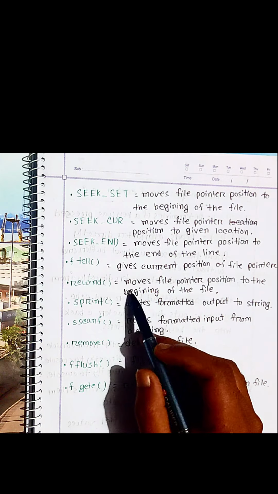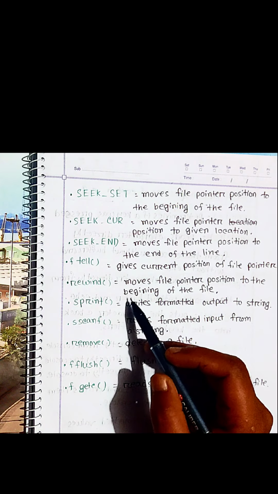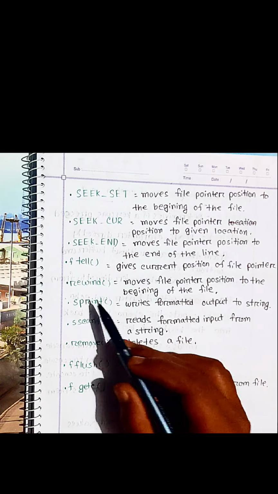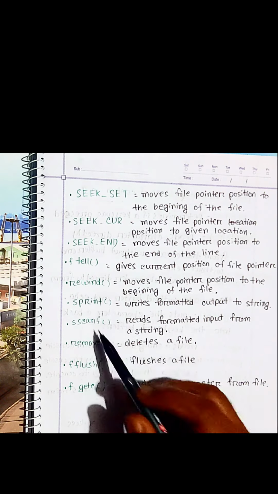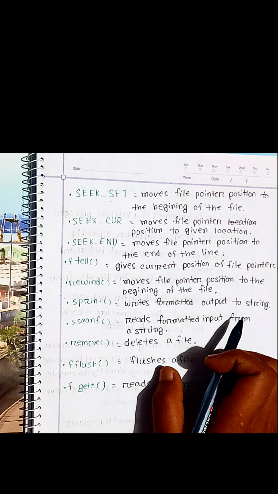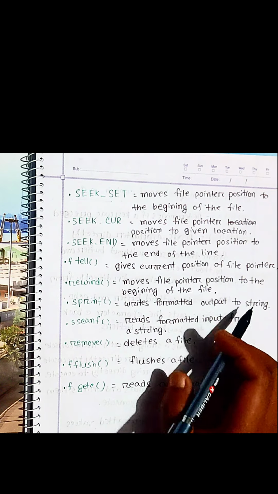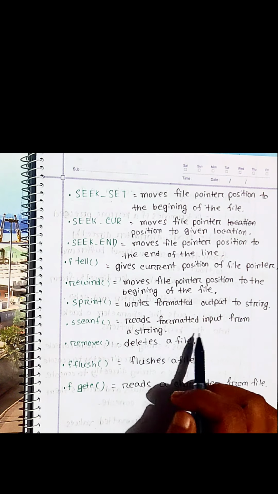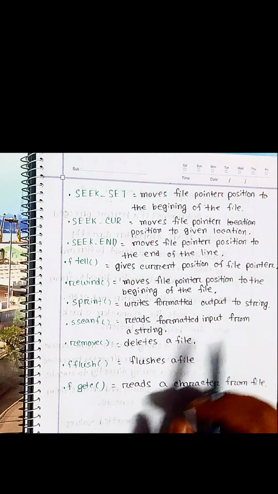Okay, from where the file started, it will take you there if you input this function. sprintf writes formatted output to string. It will write. And sscanf reads formatted input from a string.